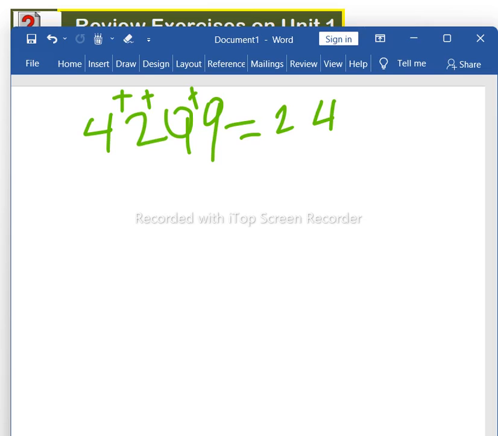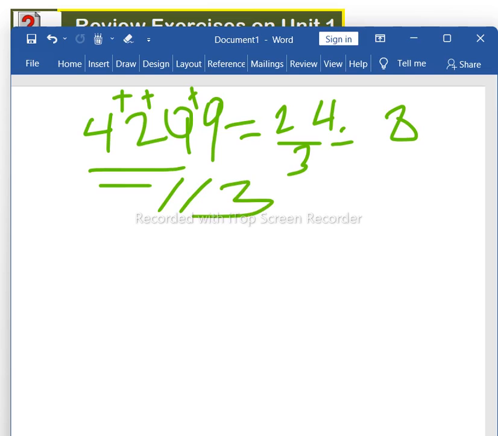So this number 24 is divisible by 3, which gives 8. So this number is divisible by 3. By 4, no, because the last two digits of this number are 99. 99 is not divisible by 4, so this number is not divisible by 4.